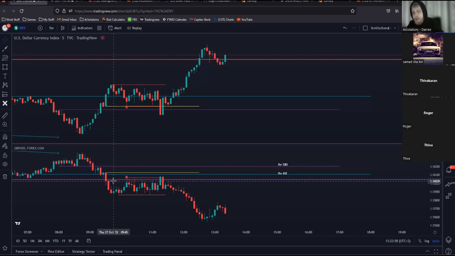How do you find SMT? Well, SMT on swing highs, SMT on open, high, low, and close, SMT on mitigation, SMT on breaker. Do we see here that this blue line represents mitigation on the 1 hour chart?